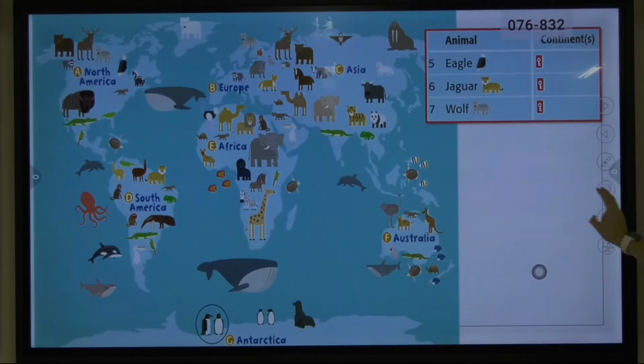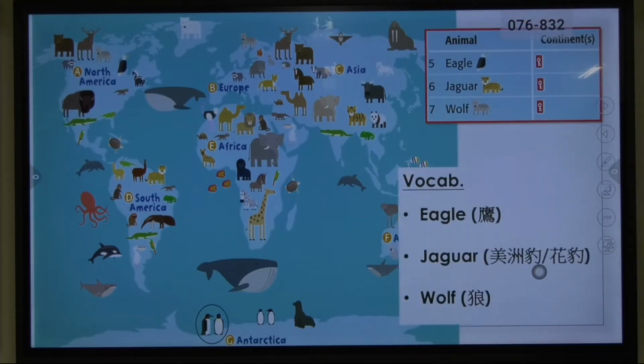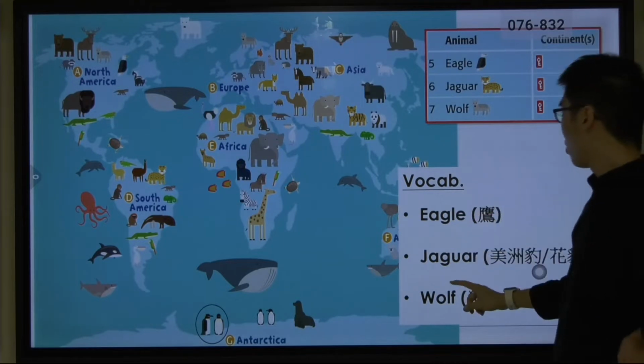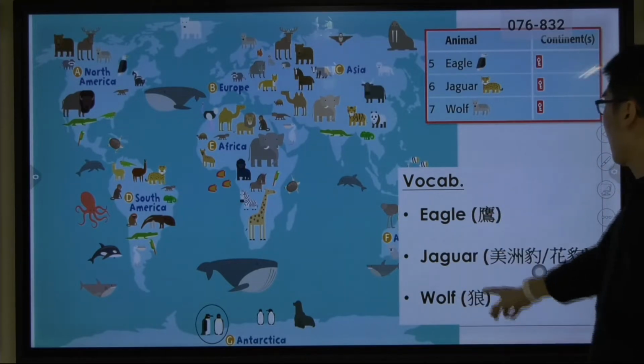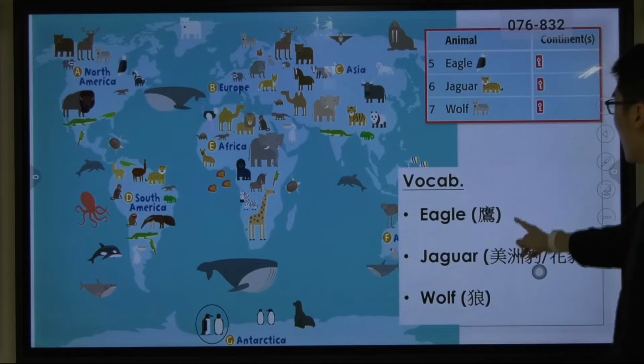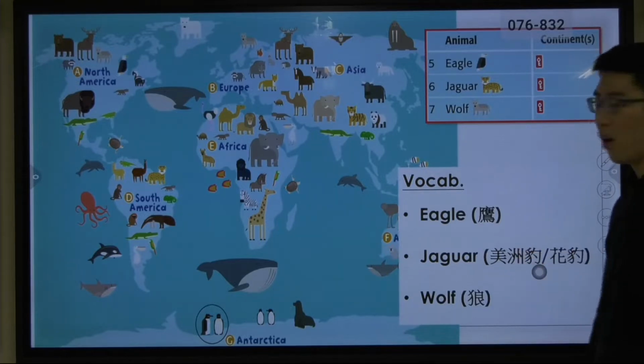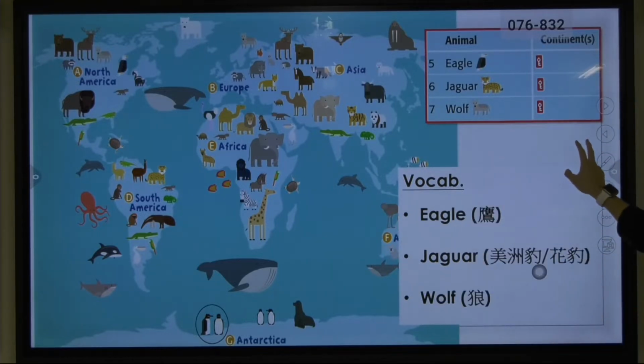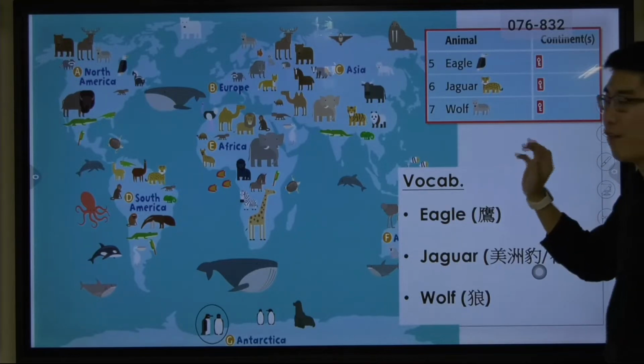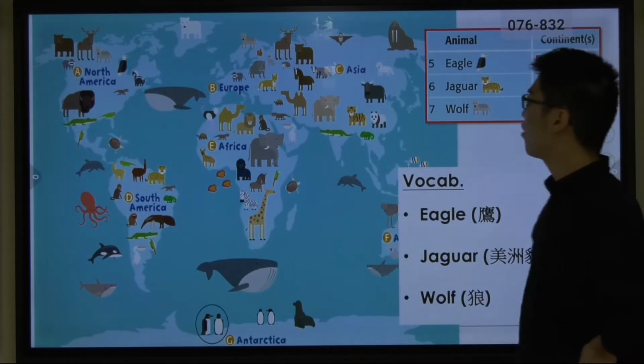So for these 3 different animals it's called eagle, jaguar and wolf, okay, 鷹、豹同埋狼, okay? So I give you 5 seconds to spot these 3 creatures.